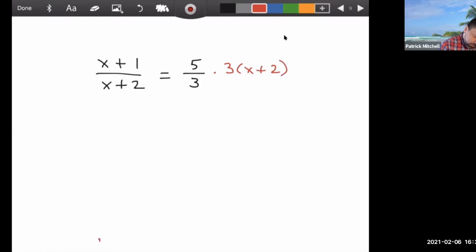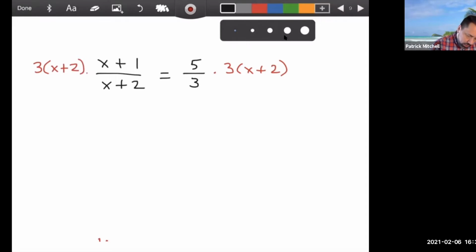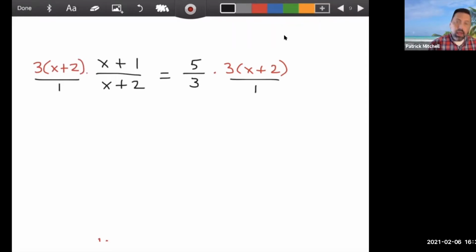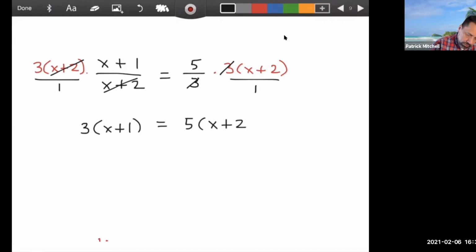All right, so now I'm going to sneak my ones underneath those expressions. On the left-hand side, I can get rid of the x plus 2, and on the right-hand side, I can get rid of the 3. And what I end up with is 3 times x plus 1 equals 5 times x plus 2.